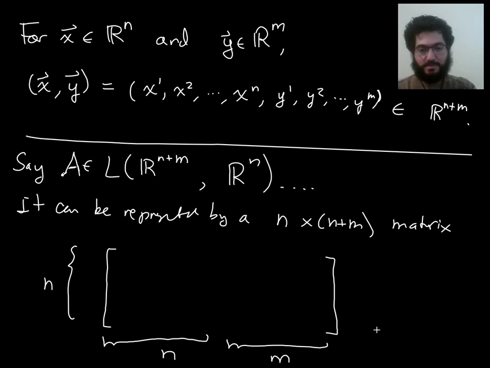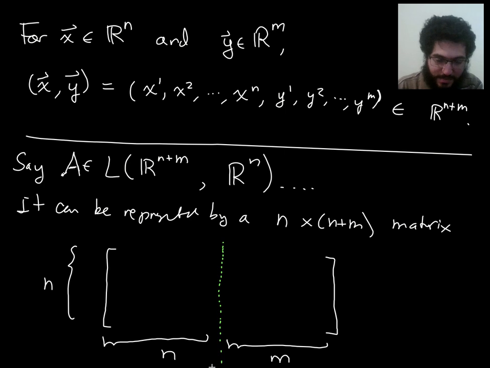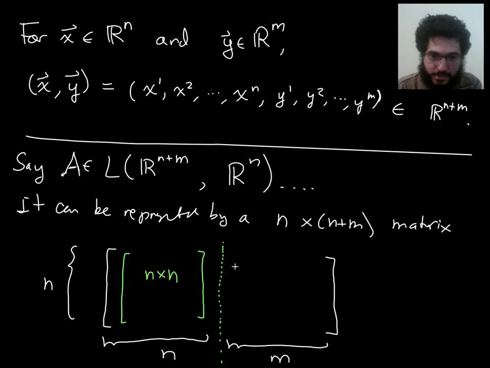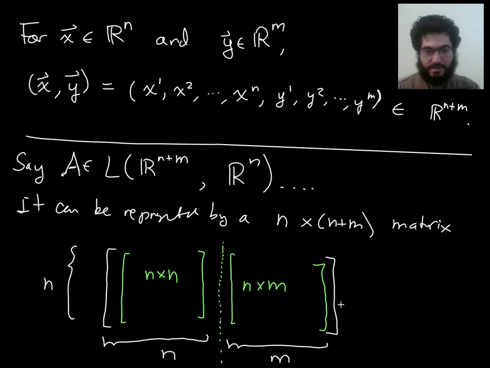So a short, fat matrix, fatter than it is tall. Then what we'd like to do is describe two linear maps whose representations are given by basically cutting this matrix in half and looking at a square submatrix here, an n by n square matrix here, and over here an n by m, not necessarily square, matrix.